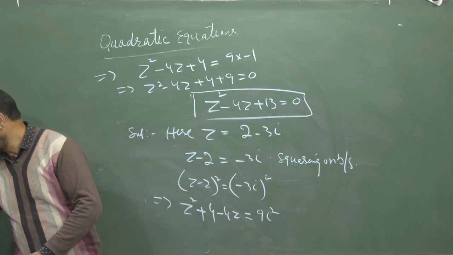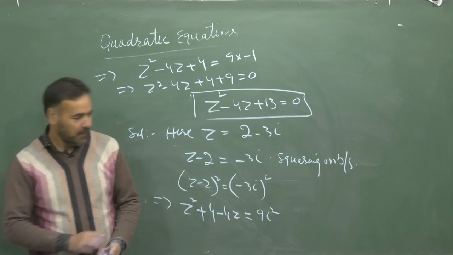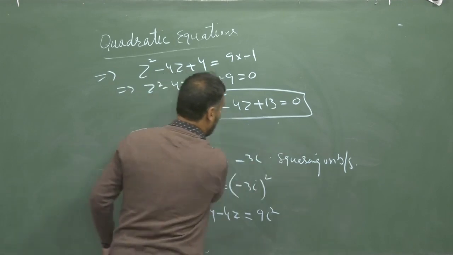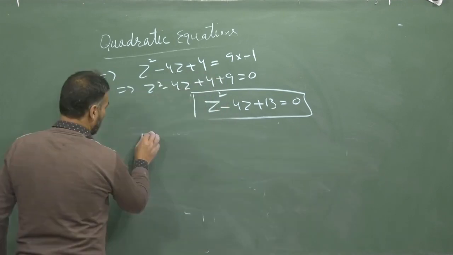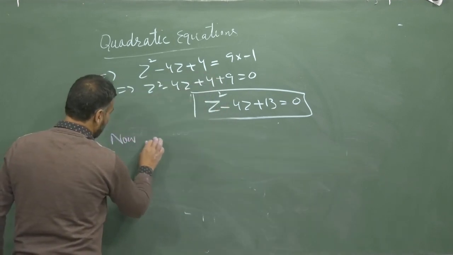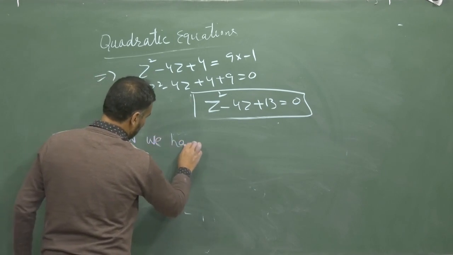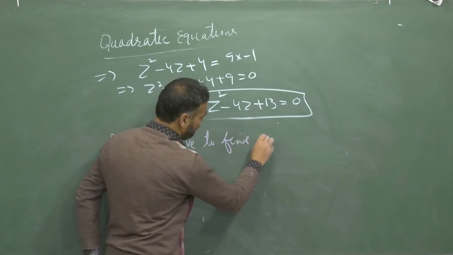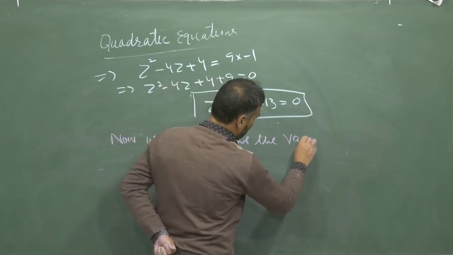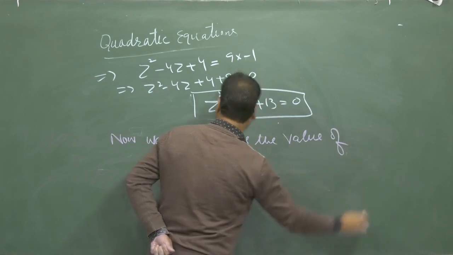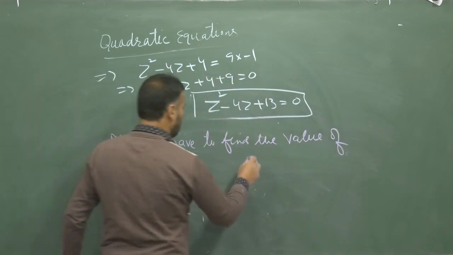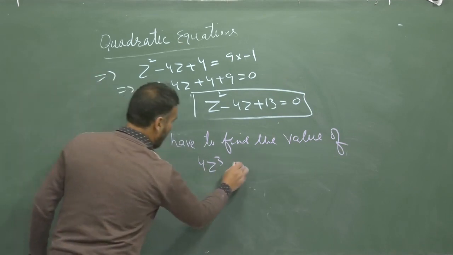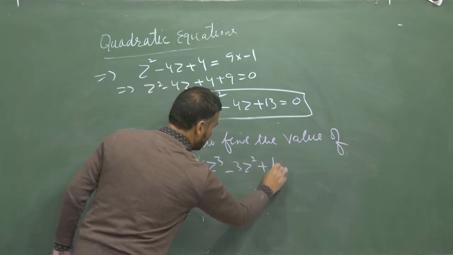Now we have to find the value of 4z cube minus 3z square plus 169.